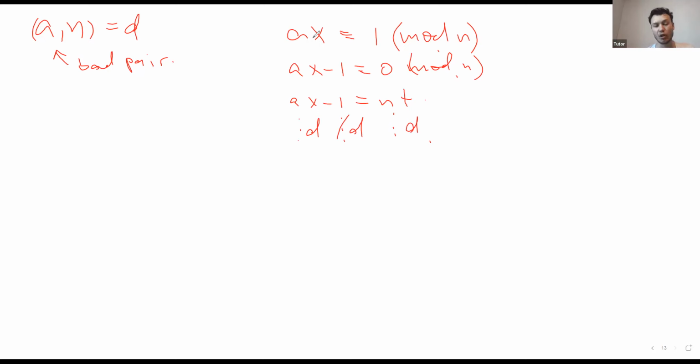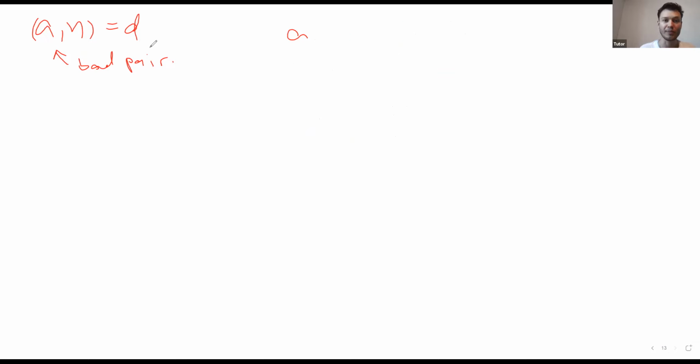Okay, but what is the closest thing? What is the smallest value that I can get in here that still makes this equation work? And that basically comes from Bezout's theorem, right? Because Bezout's theorem tells me that I can find some X and Y to combine them to get AX plus NY equal to this D, the common bad thing. And from here, I can move NY on one side, D on another side.